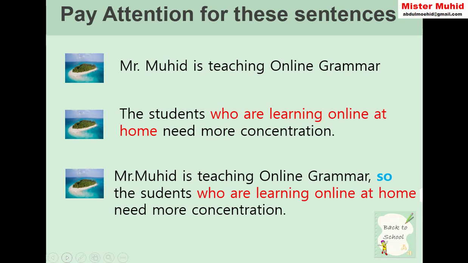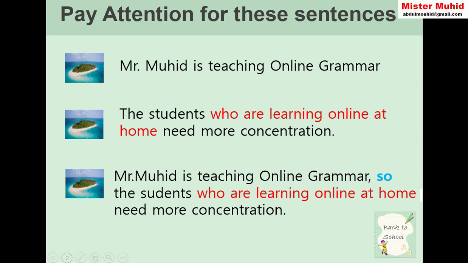It is easy to prove that. The students need more concentration. This is the first sentence. The students are learning online at home. So in this case, even though they have two kinds of sentence, after they make it together, they can use a clause. So they use who to connect the sentence. So they don't need any connectors.